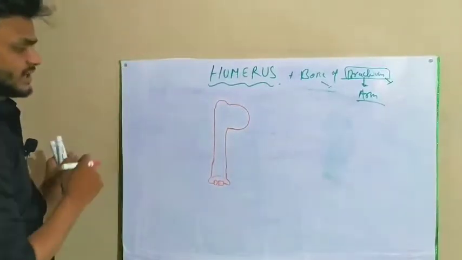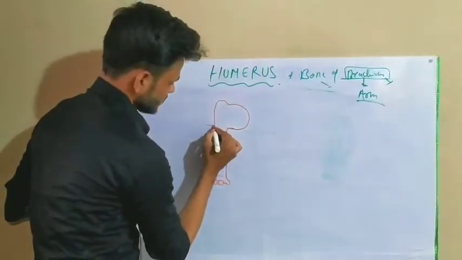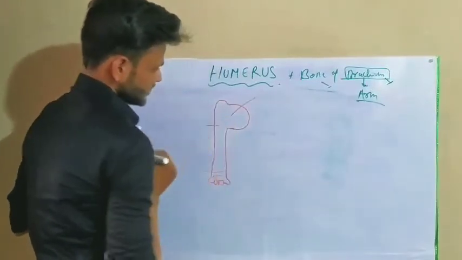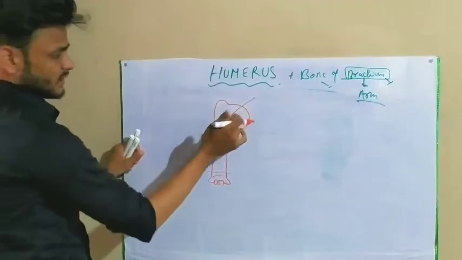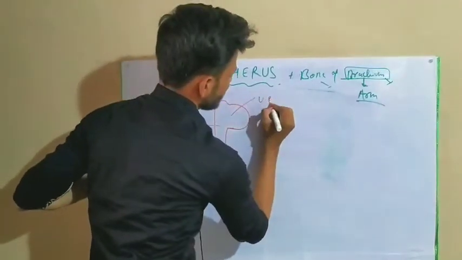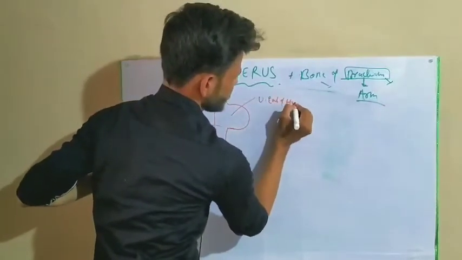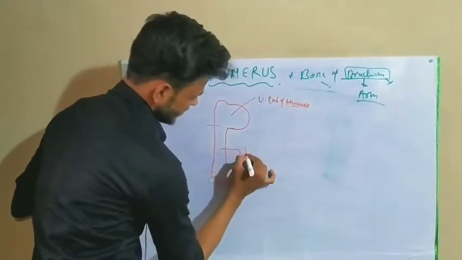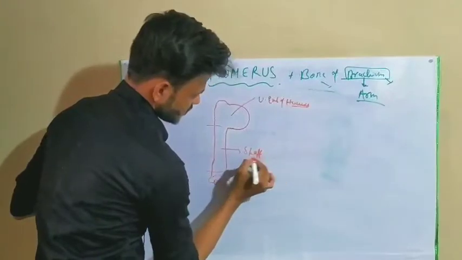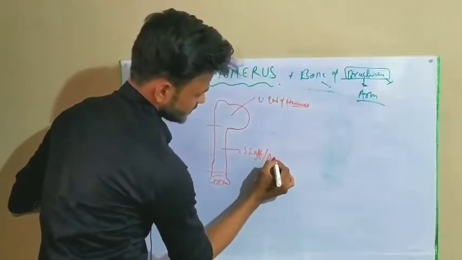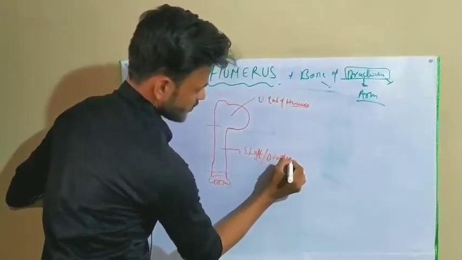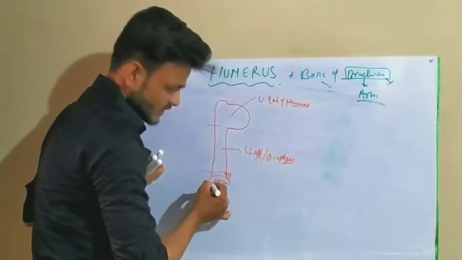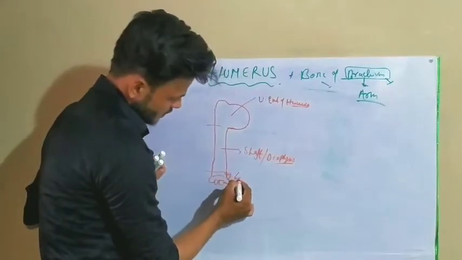Firstly, the humerus is divided into three parts. This is the upper part, also called the upper end of the humerus. This is our shaft, also called the diaphysis, and this part is the lower end.